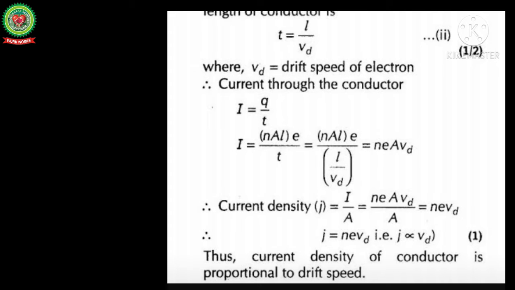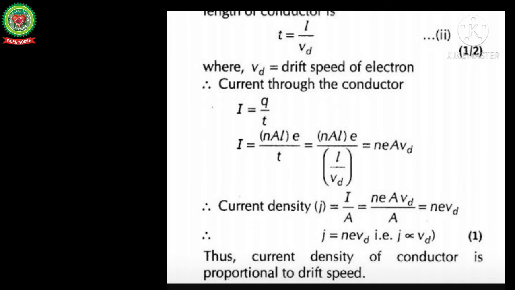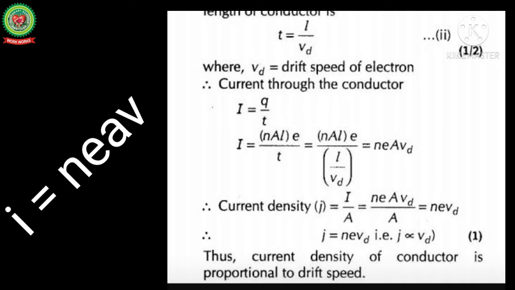As you know, the current is given by the formula I equal to Q over t, and Q is nAL into e divided by t. On putting the value of t as L over Vd and on cancelling, we get I equal to neAVd. Students, we have derived one relation I equal to neAVd. Here Vd is the drift velocity.